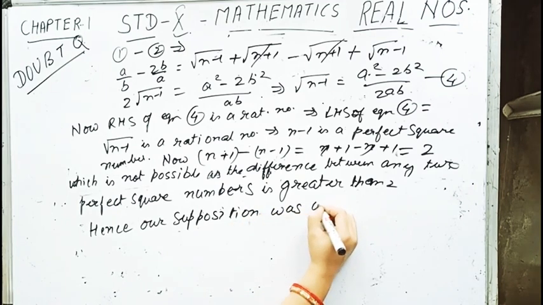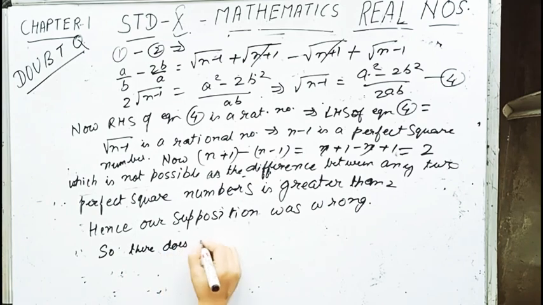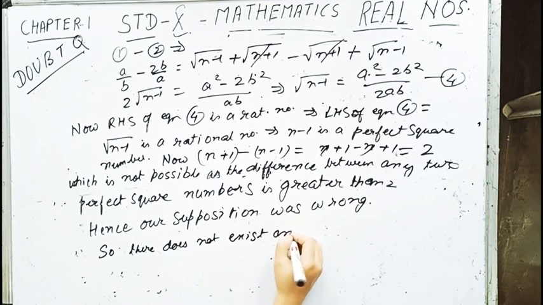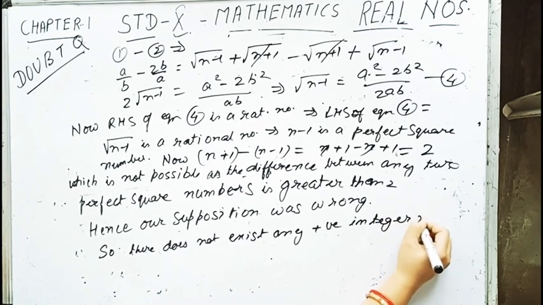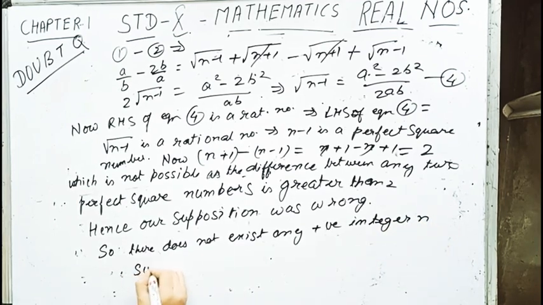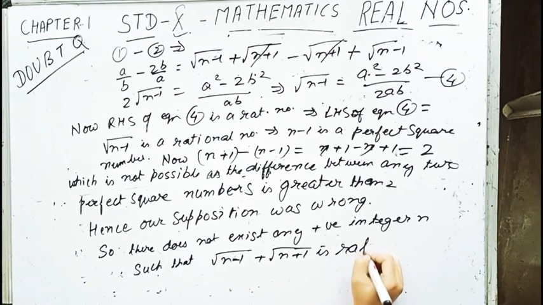So there does not exist any positive integer n such that √(n−1) + √(n+1) is rational. Hence proved.